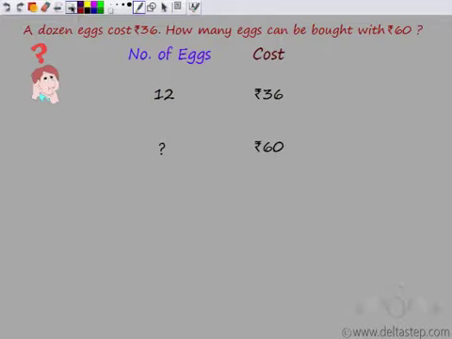So again, let the unknown be x. So we know that the ratio 12:x would be in proportion to 36:60, because they are directly related, direct proportion.